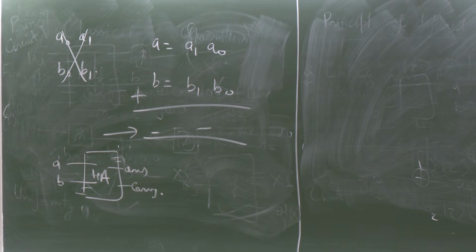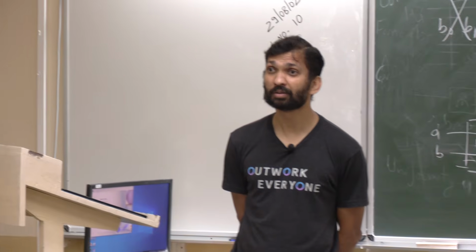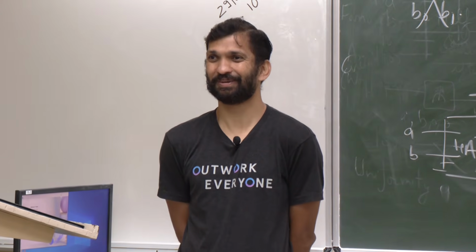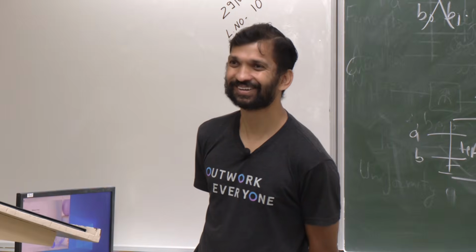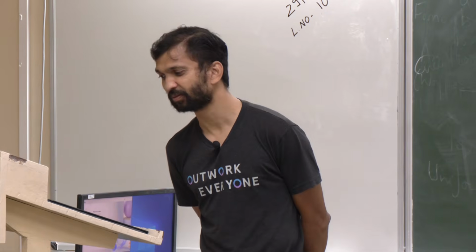And one of them will go as the answer's second bit. So the carry you are giving it to, okay, good. Why should it be different? But what I'm saying is, that's a very basic, simple problem which you can solve.